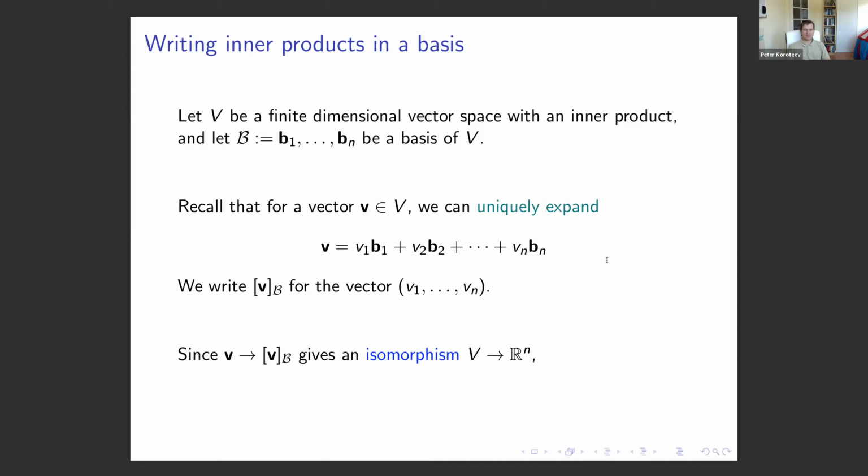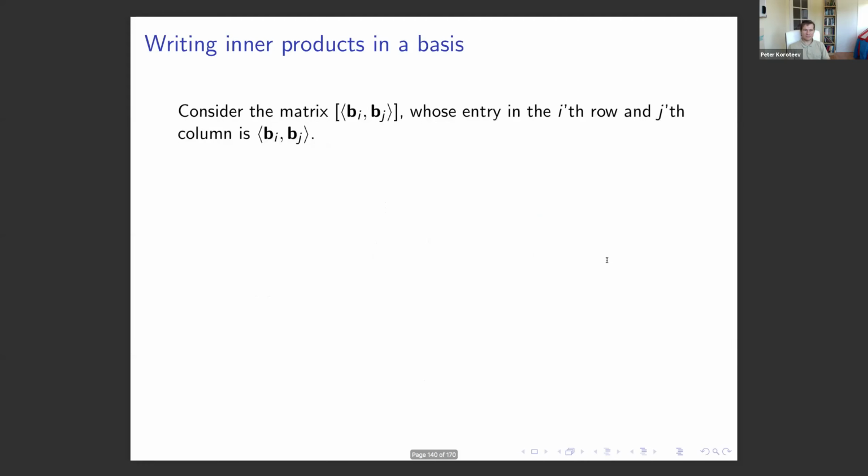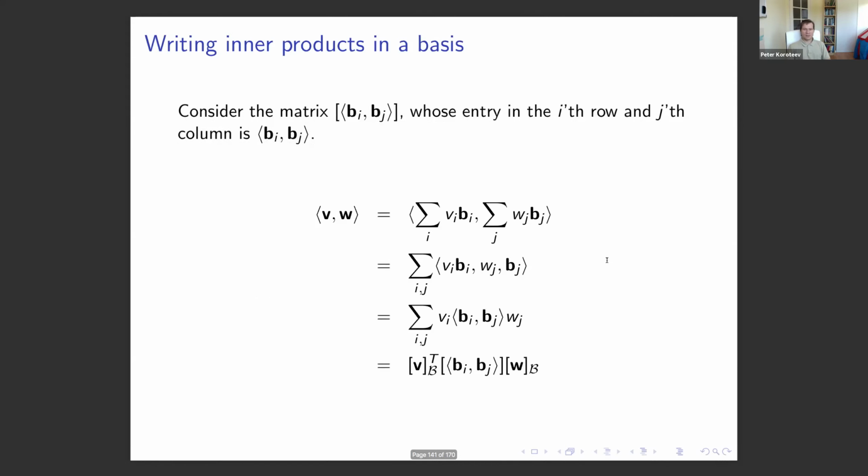This gives us an isomorphism from V to R^n, and we should be able to express the inner product just in terms of this basis. Now we take the matrix of inner products of the basis vectors between themselves, so that the ij entry is equal to this number.